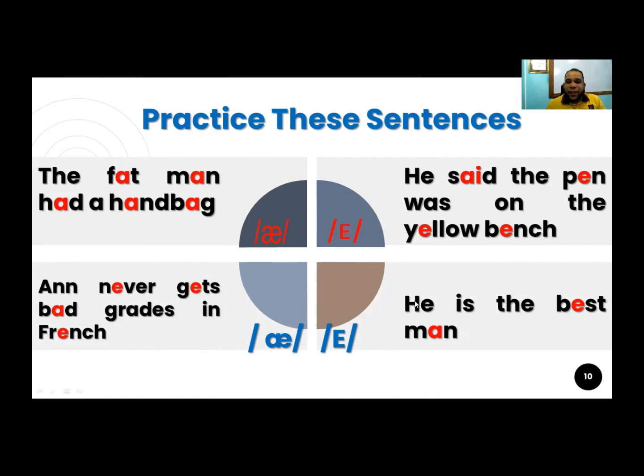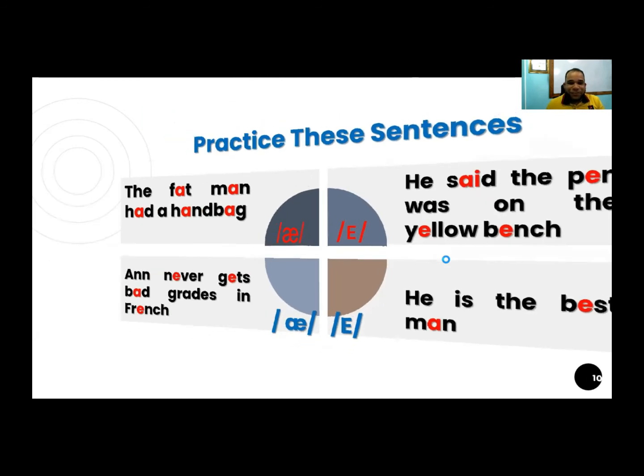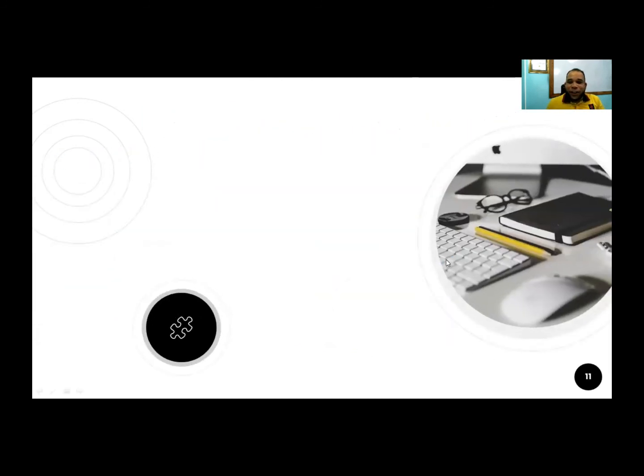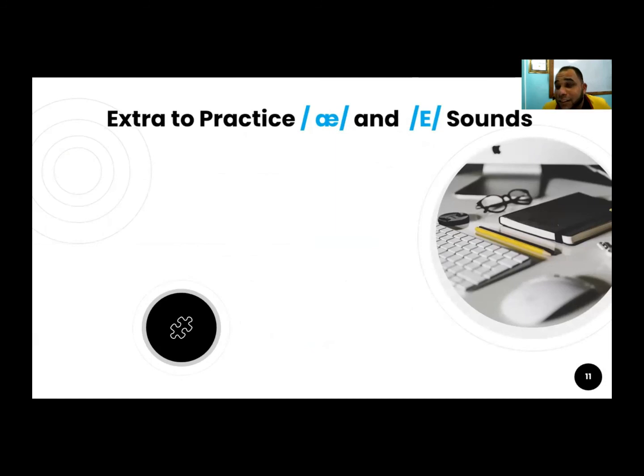The next one. He is the best man. He is the best man. Best man. Best man. I love these sentences. The next part I'm going to share with you is some extra practice. In English, there's always extra to practice.